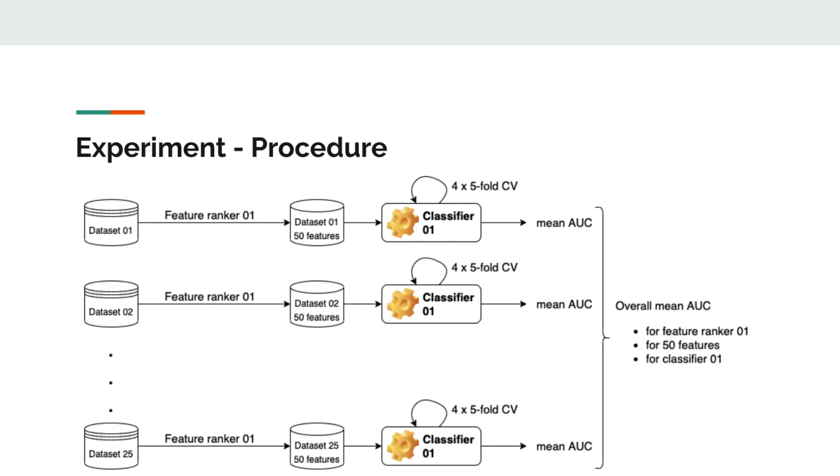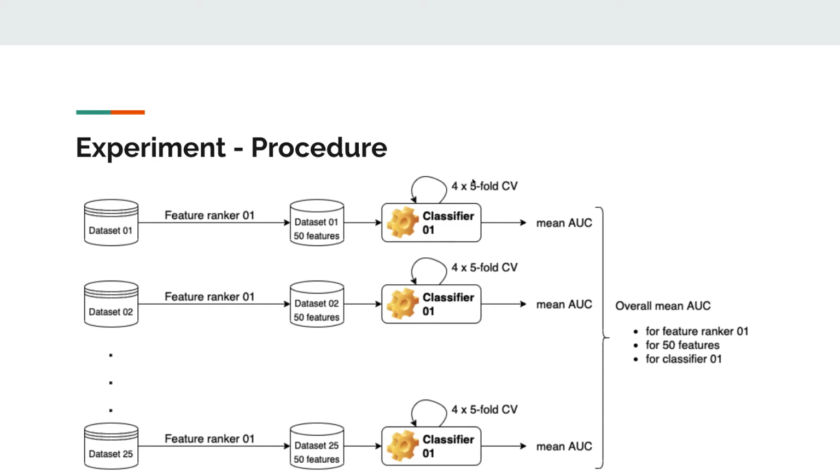Now the metric for performance is area under the receiver operating characteristic curve, or AUC. AUC describes how the model balances false positive and true negative rates at different decision levels. A higher AUC value indicates better model performance.